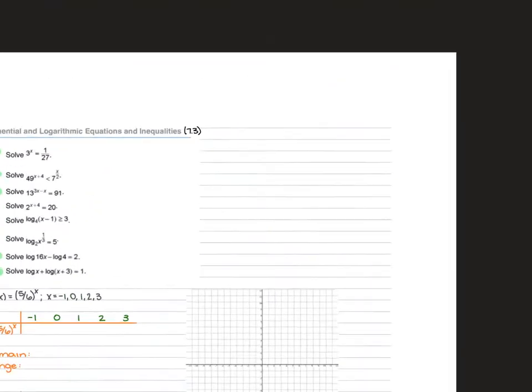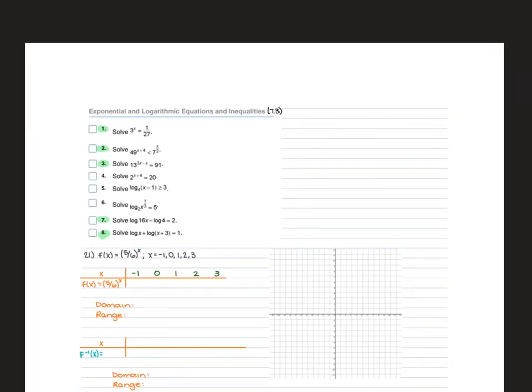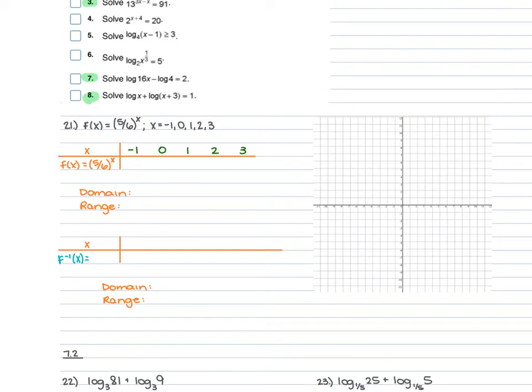For our next one, on to 7.3, for our next question, we're looking at 21. So this is f of x is equal to 5/6 to the power of x, where x is negative 1, 0, 1, 2, and 3. For the purpose of this question, what your quiz question is going to ask you is to give the inverse of f of x is equal to 5/6 to the power of x.